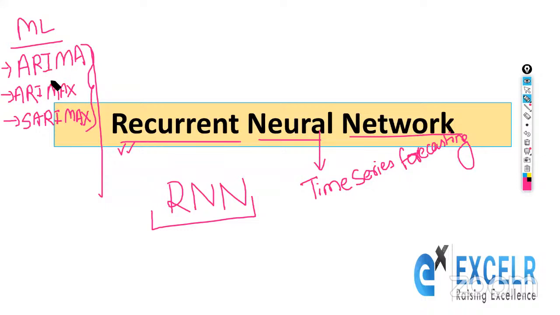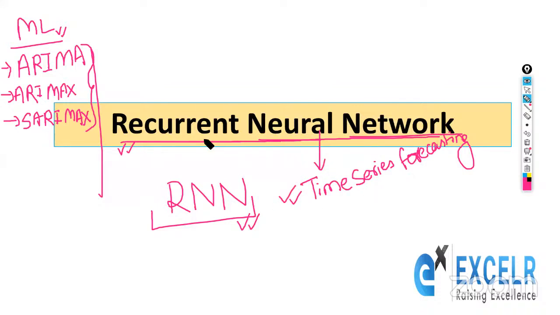Apart from that, we have something called the Holt-Winters method, right? So these were the time series forecasting techniques which are used as machine learning models. When it comes to the deep learning part, we have something called a recurrent neural network, or RNN. So one of the most popular applications of RNN is doing time series forecasting.